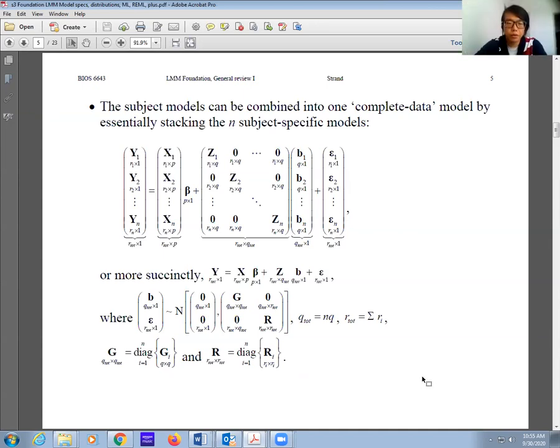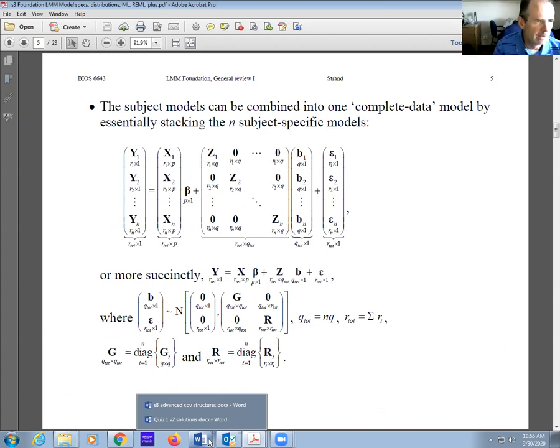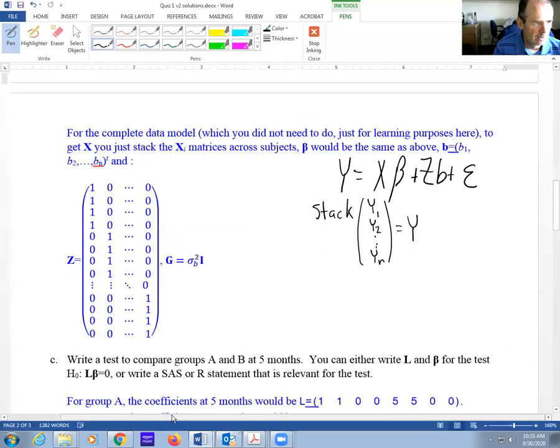Yeah, but in your solution, it's just one column, 1. Yeah, Q is equal to 1 for that example, so it ends up being just one column. But that would be the Z matrix for subject 1, and it simplifies to a vector, essentially, for that data.